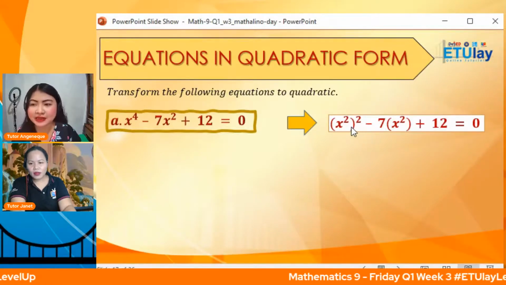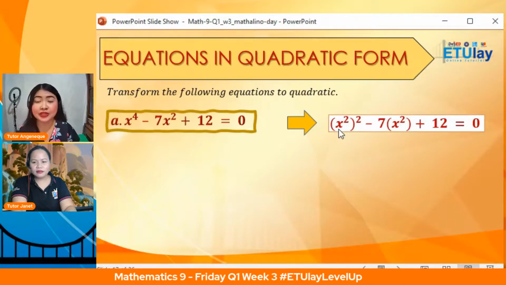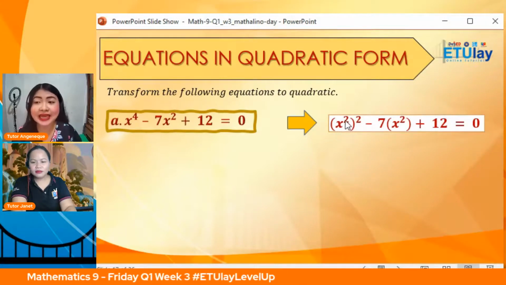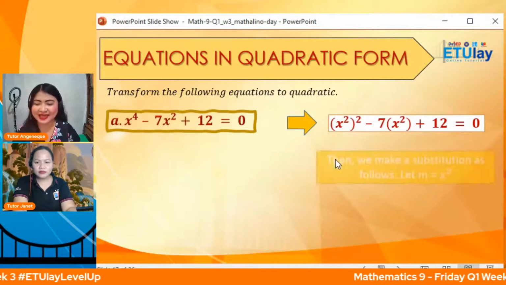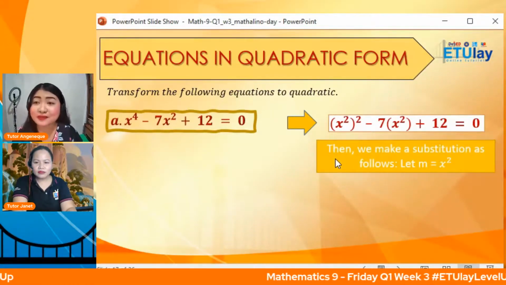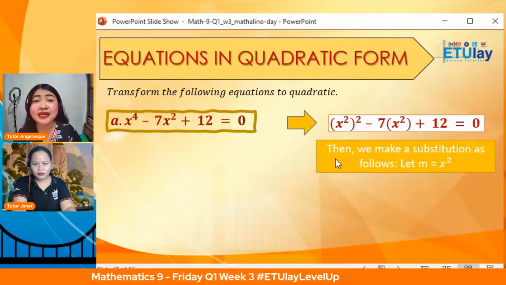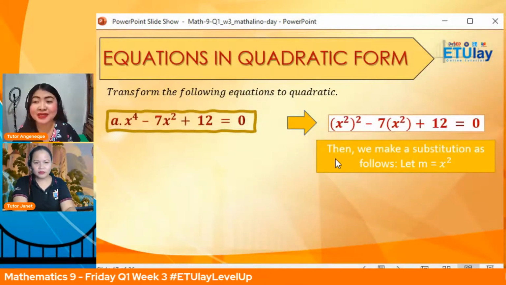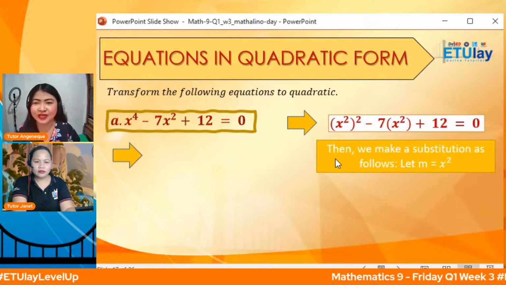So kung napapansin natin, pwede nating i-let any variable yung ating x squared. Ayan. We will make a substitution as follows. Let m equals x squared para matanggal yung tinatawag nating x raised to 4. Okay.